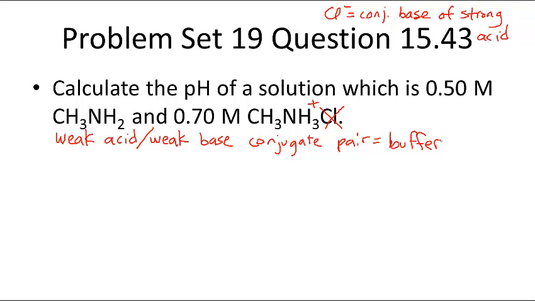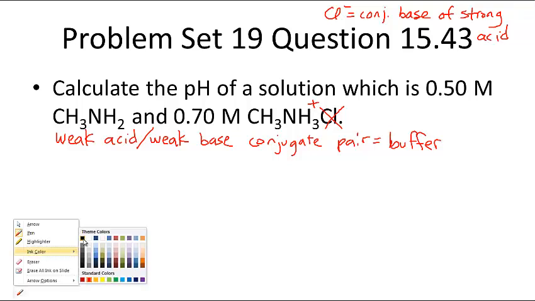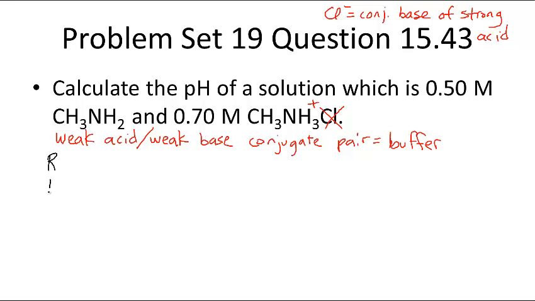All right, what has my approach been pretty consistently when I want to find the pH of a solution? RICE, all right. Now, I can think of a couple of different approaches here. I need to write an equilibrium that has both of these species in it.